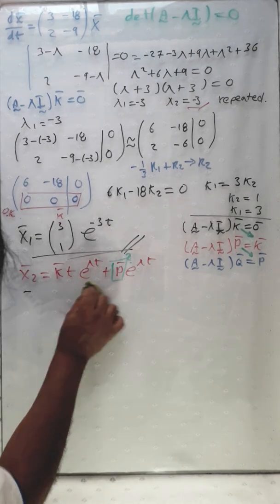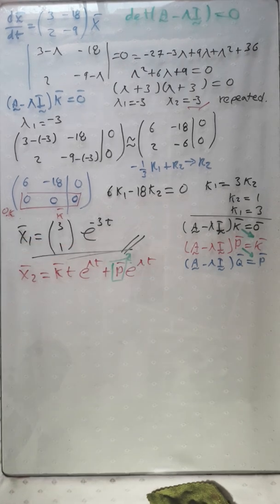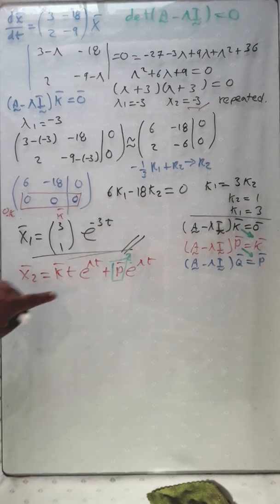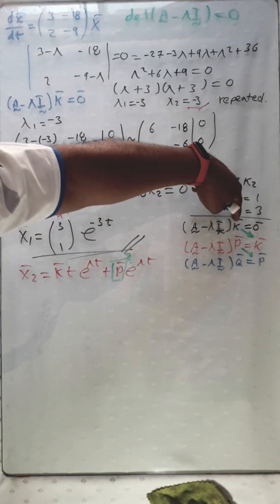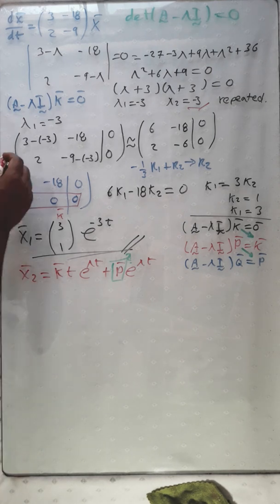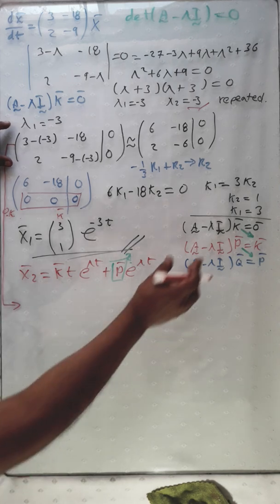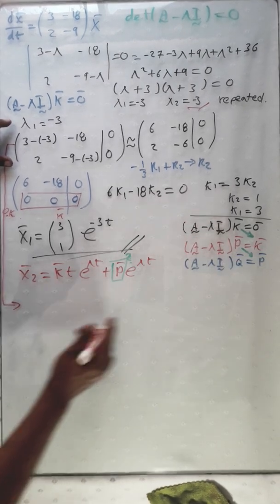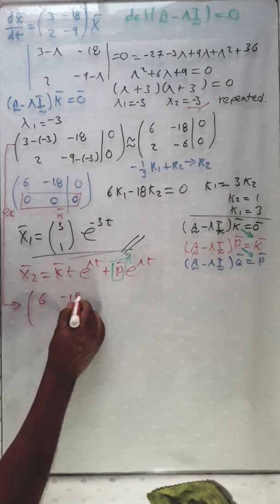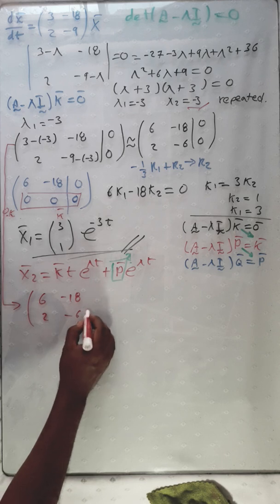Let's find this p vector. As you can see, the formula is exactly the same. Instead of being 0 vector and k vector, now it is k vector and p vector. So what I'm going to use is actually this formula. It is exactly the same because this part doesn't change. It's going to be 6, minus 18, 2, and minus 6 from here.